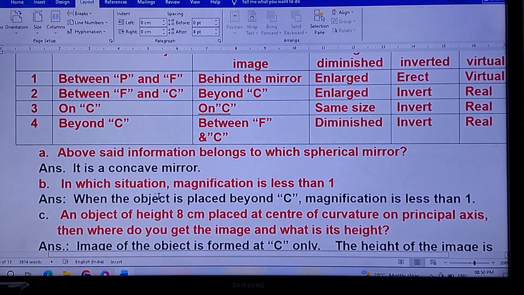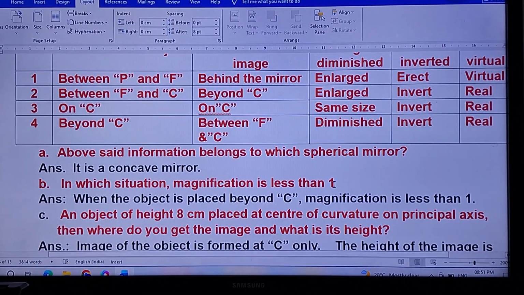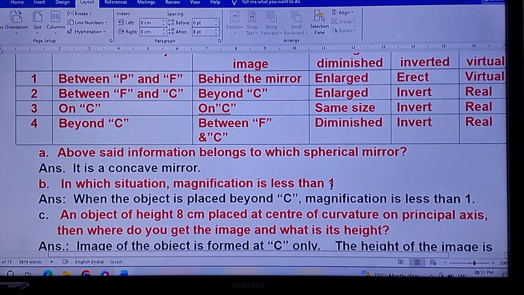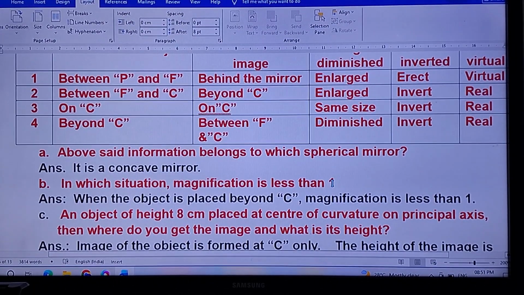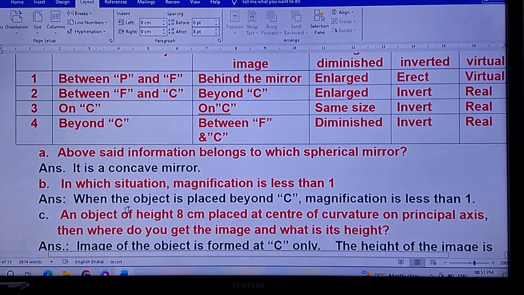And in which situation is magnification less than 1? See, children, magnification 1 means the size of the object and the size of the image are the same. But when it is less than 1, that means a diminished image is formed. A diminished image is formed when the object is placed beyond C only, the fourth point.